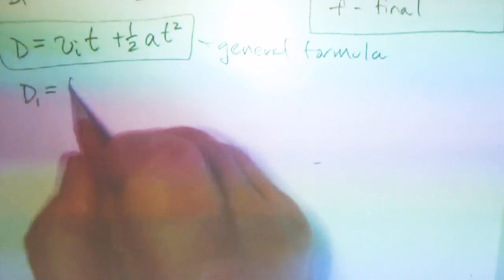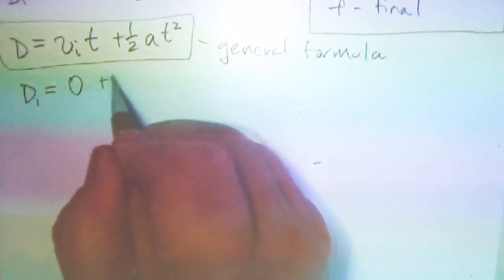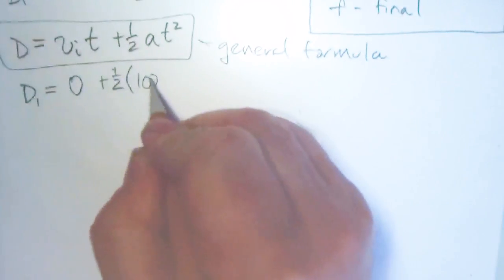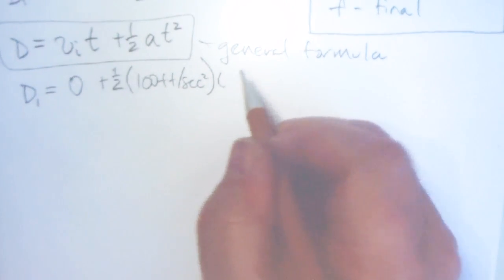That's a 0. Doesn't matter if you multiply it by time, it's still a 0 because we said it was 0. Plus 1/2 the acceleration. What's the acceleration during that initial time period? It's 100 feet per second squared times the time squared. What's the time? 20 seconds squared.